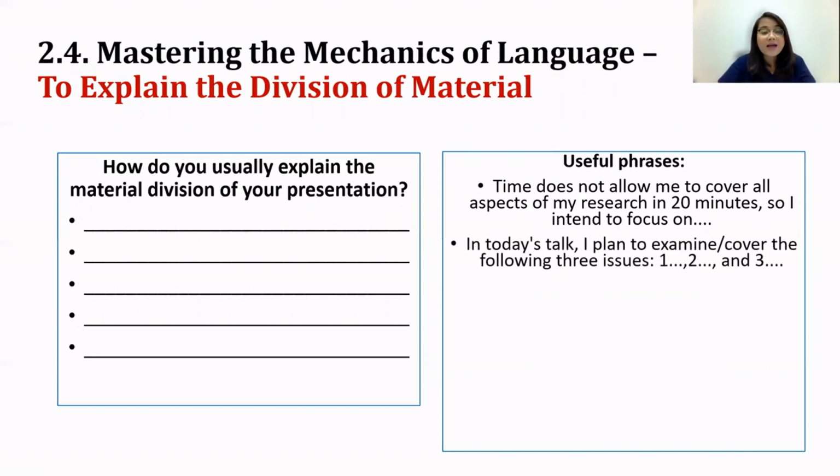In today's talk, I plan to examine or cover the following 3 issues: 1, 2, and 3. Good. So 1, you say the first material division, 2, the second material division, and 3, the next material division. If you have more than 3, you can say 1, 2, 3, 4, 5, etc.